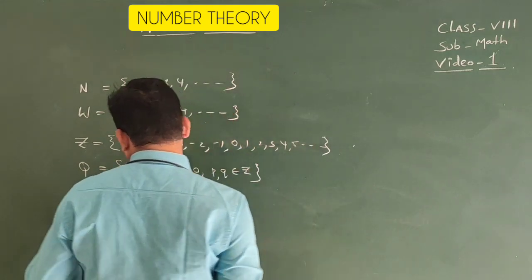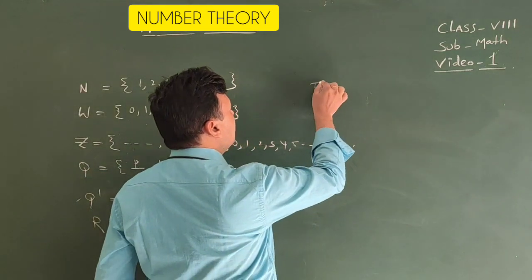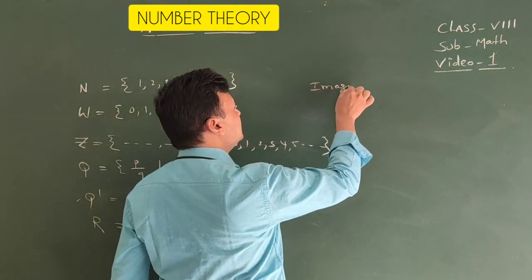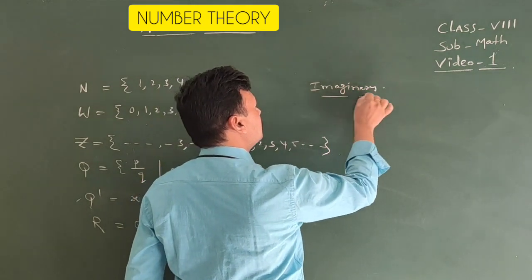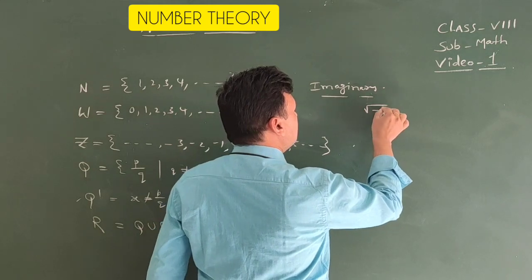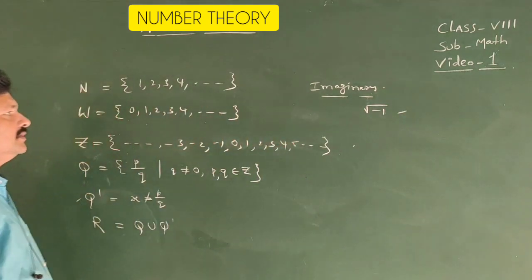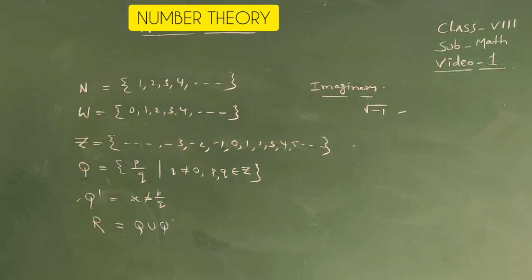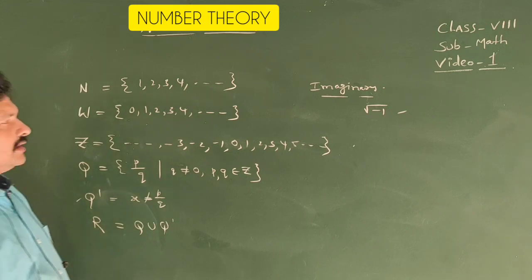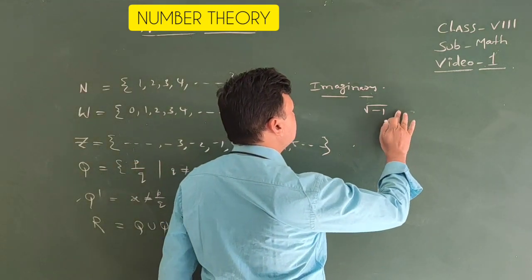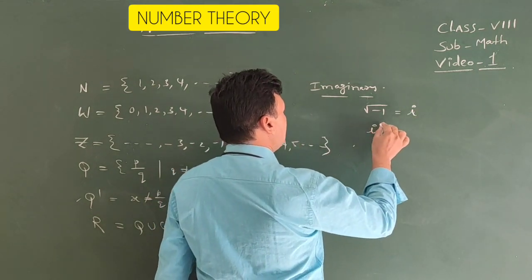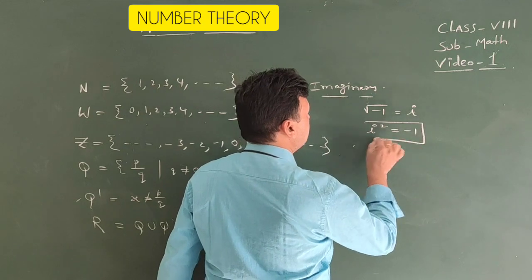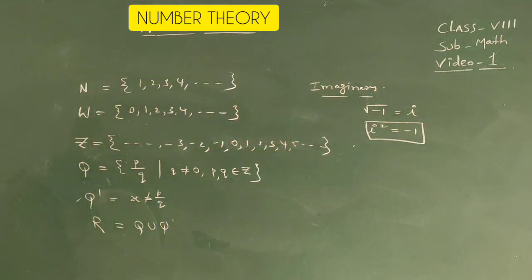Here we have imaginary numbers also. Root minus 1 is the origin of imaginary numbers. It is denoted by i, meaning i square equals minus 1.